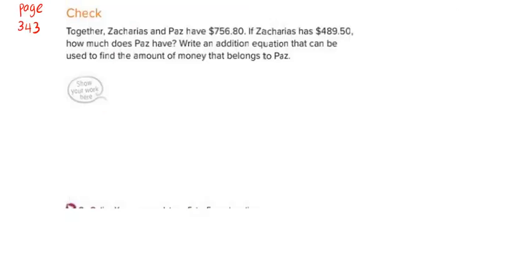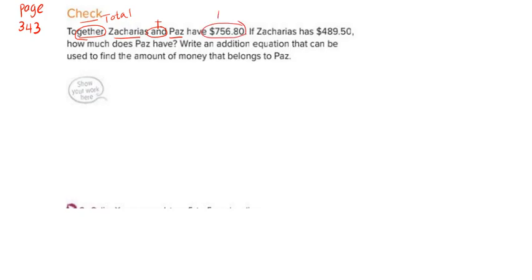Now this is a check example, so you can actually do this yourself. You can see together again, so you know that is the total. When we are adding something, you can see the word and. Zachariah and Paz have a total of $756.80. If Zachariah has $489.50, then how much does Paz have? That's what we need to find.